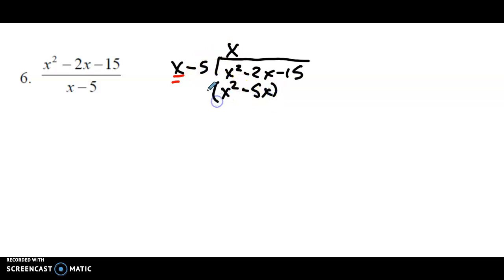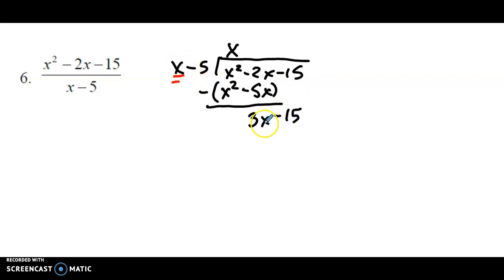And I'm going to subtract. x squared minus x squared is nothing. Now you've got to be able to think here and be careful. Negative 2x minus negative 5x is actually positive 3x. And I'm going to bring down the next term.